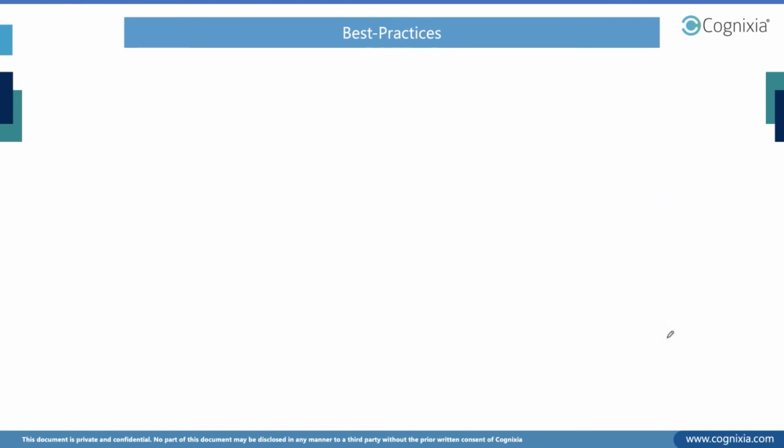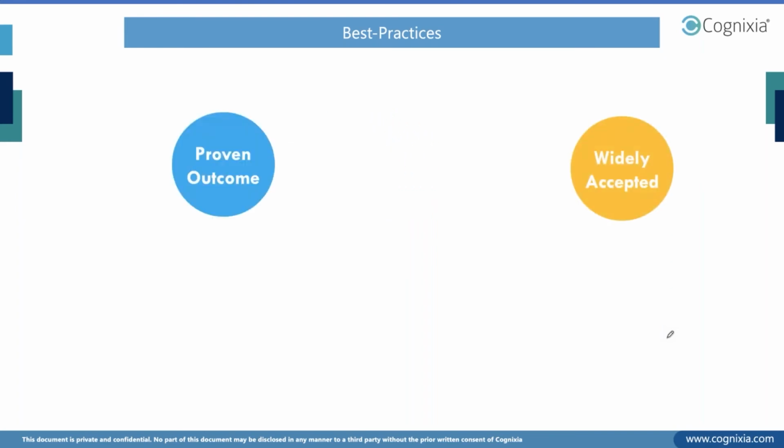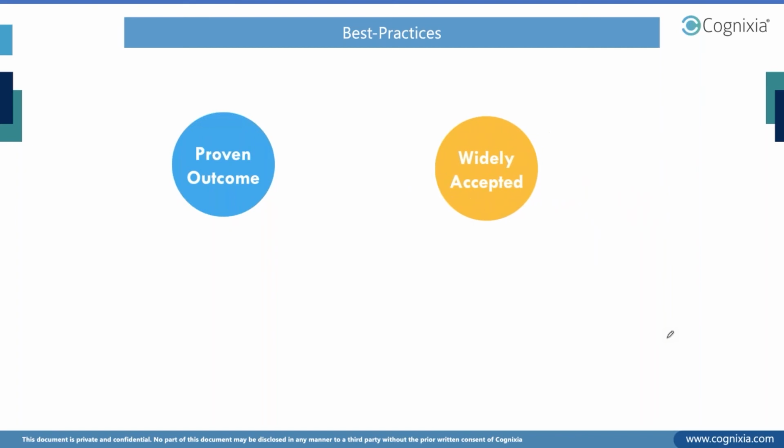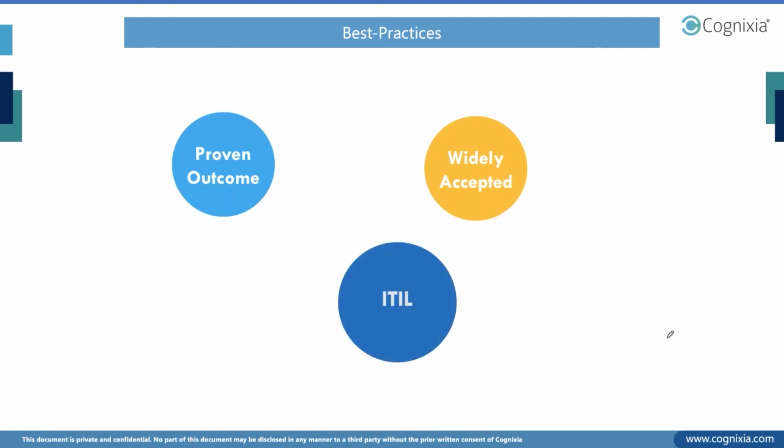Let's talk a little bit about ITIL. ITIL is basically a collection of best practices. But what is a best practice? Any practice that has been tried and tested over a period of time, has provided a proven outcome and is widely accepted can be considered a best practice. ITIL falls in this category.